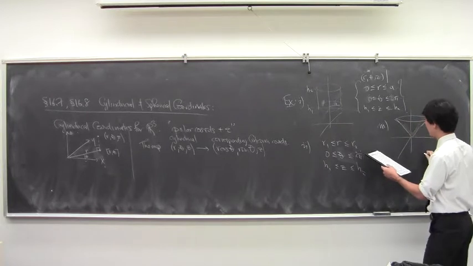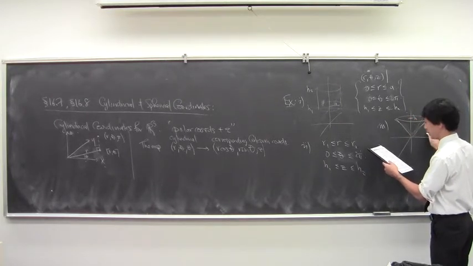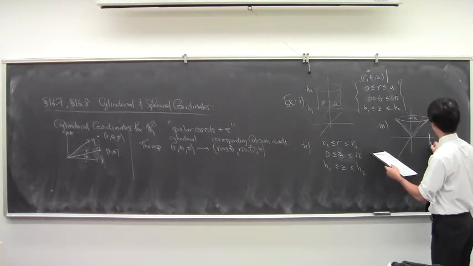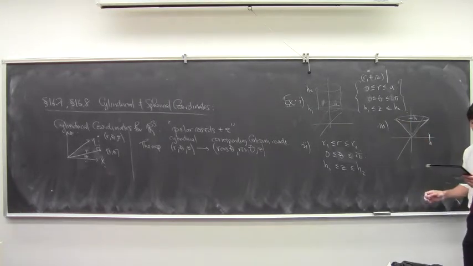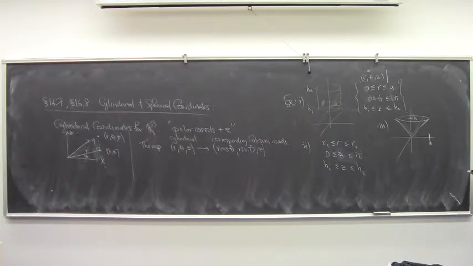Suppose you have a cone, and the height is h, and the radius of the top is a. So, can anyone tell me how I should describe this thing using cylindrical coordinates?